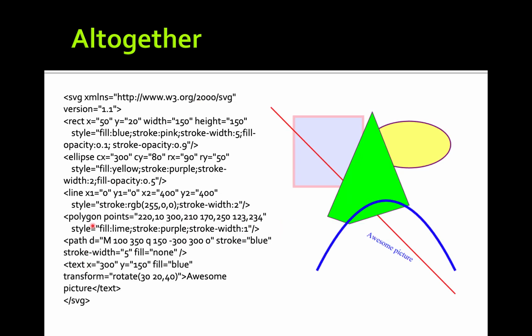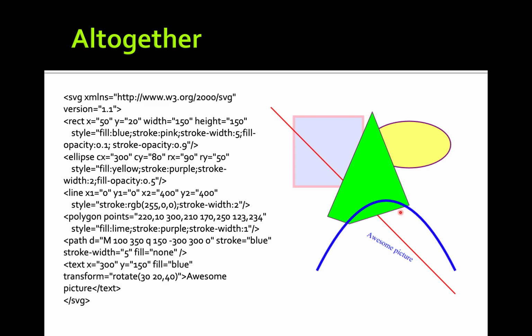So this is a more complex one. If we look at that, we are starting the SVG tag, then we have a rectangle tag which is drawing that rectangle, then an ellipse tag which is drawing this ellipse, then a line which is drawing that red line, then a polygon which is drawing that green polygon.